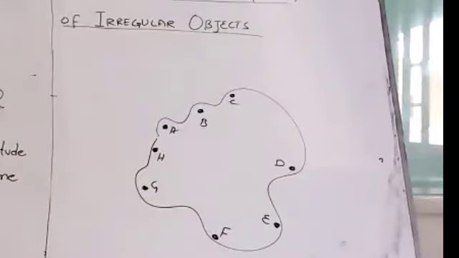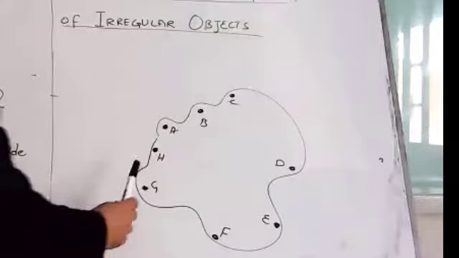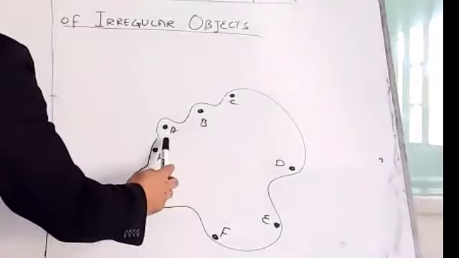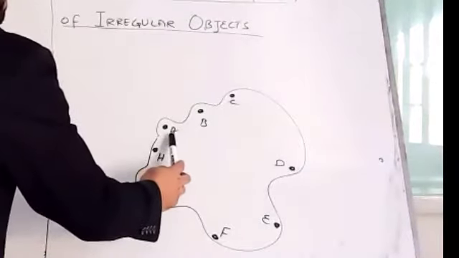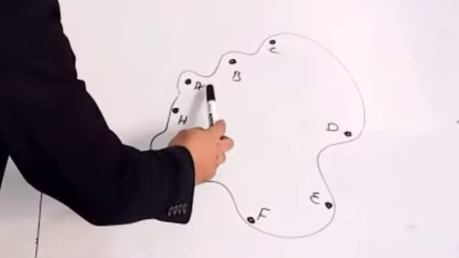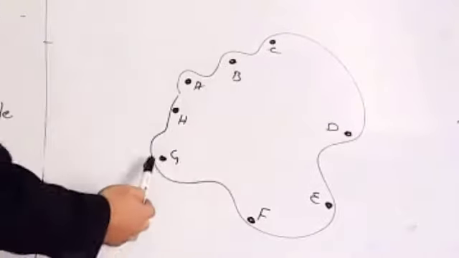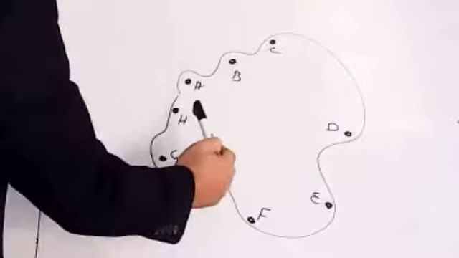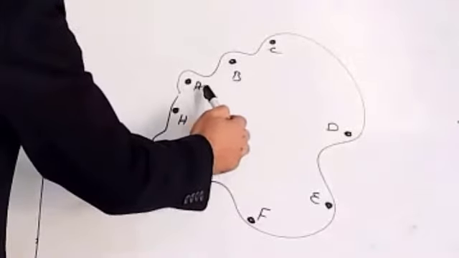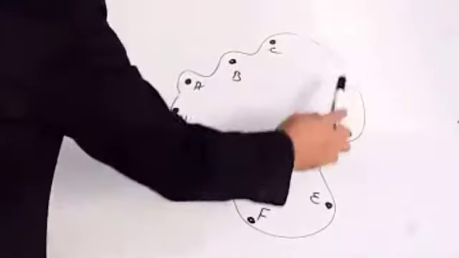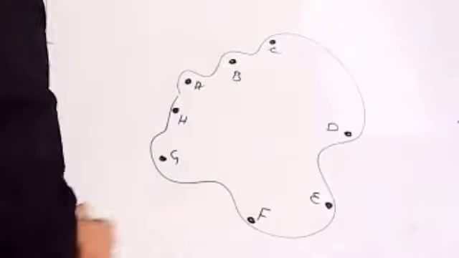Number one, take a cardboard and then cut it in the irregular shape. If this is the irregular shape, place this shape over a cardboard and draw it and then cut it with the help of a cutter or scissor.